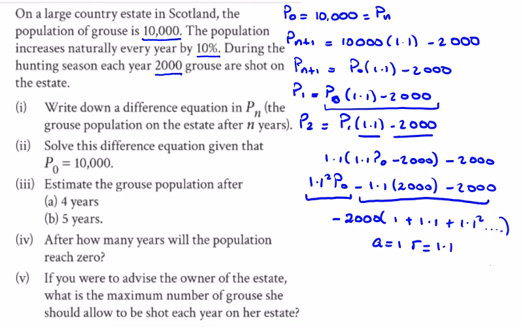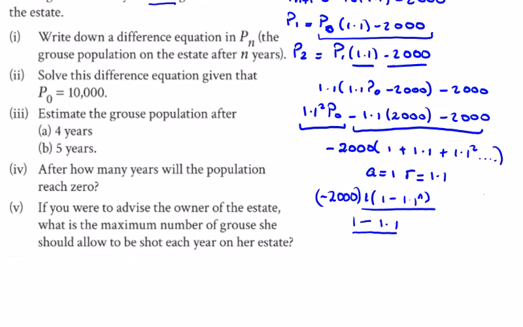So we have A times 1 minus 1.1 to the power of n over 1 minus 1.1, and we'll have this minus 2,000 in front. So we're going to get minus 2,000 divided by this minus 0.1, which is the same as multiplying by 10, and they're both minus, so we're going to get plus 20,000 times 1 minus 1.1 to the power of n, which is 20,000 minus 20,000 times 1.1 to the power of n.